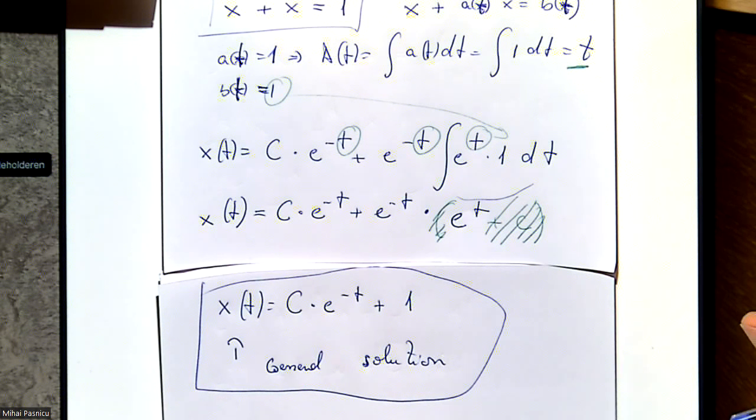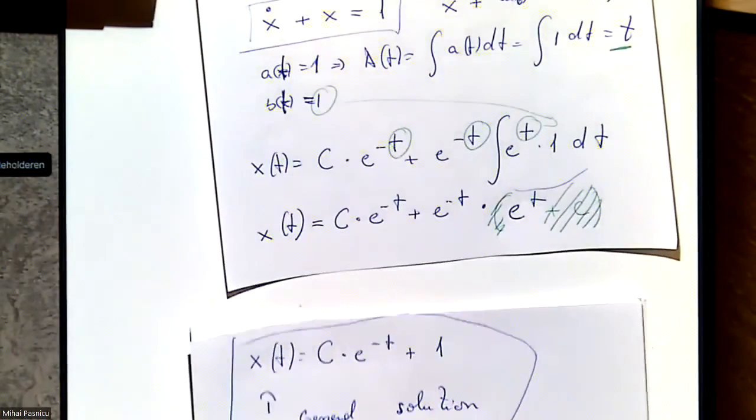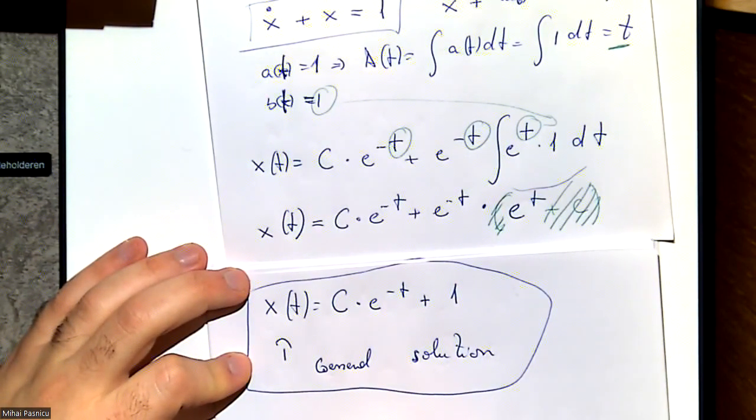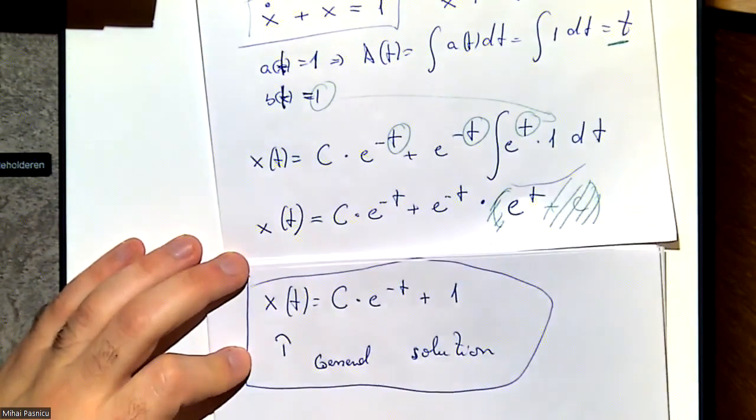Before we go to my example, how do you check if your general solution is working? Let's see if I did it correctly. I just take it and I plug it in my formula. Again, my formula was x dot plus x is equal to 1. This is the derivative.